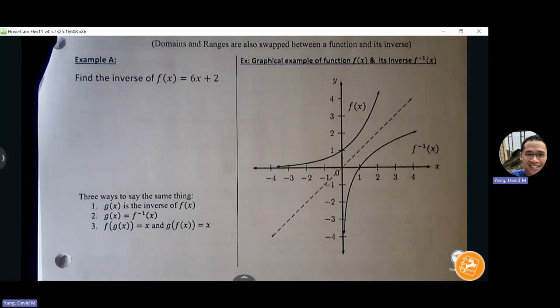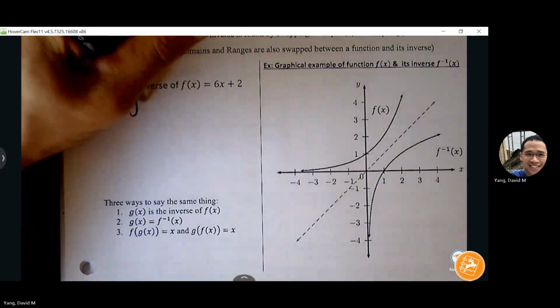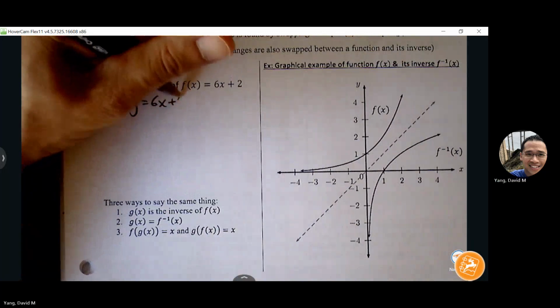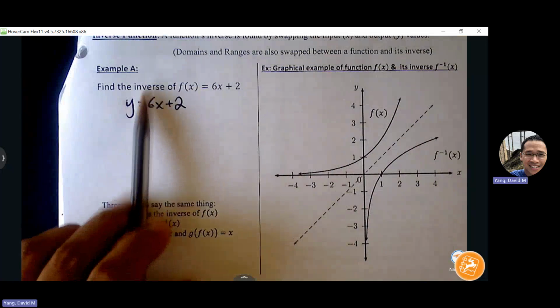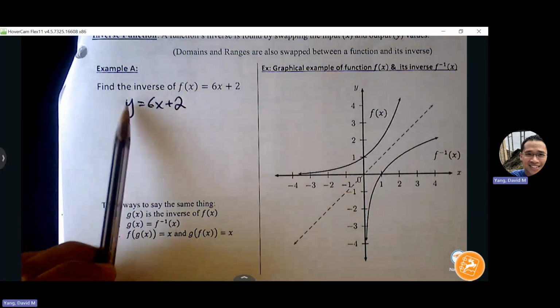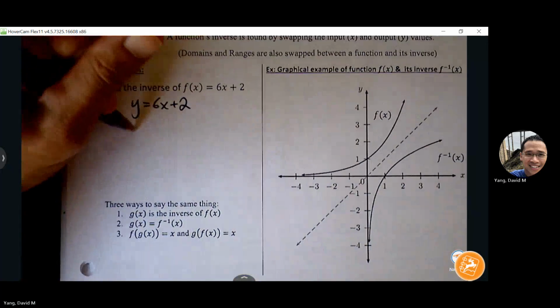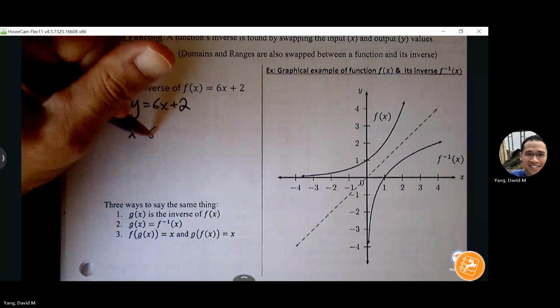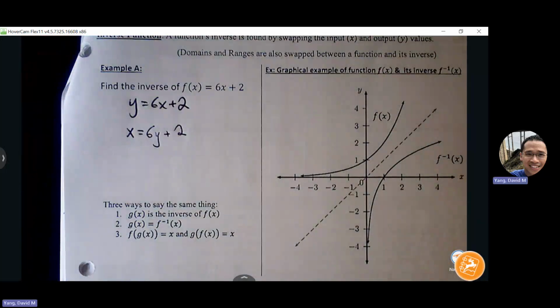Find the inverse of this function, y equals 6x plus 2. Okay, so the 2 things that we do if we want to find the inverse function, this is just a connection with what we're really doing. We want to first swap the x and y. And now our y is going to be in a different spot.